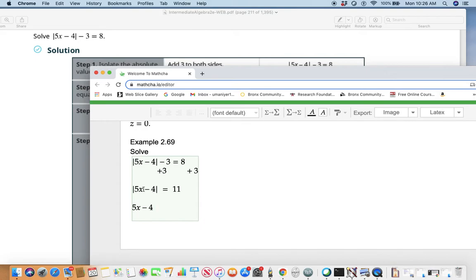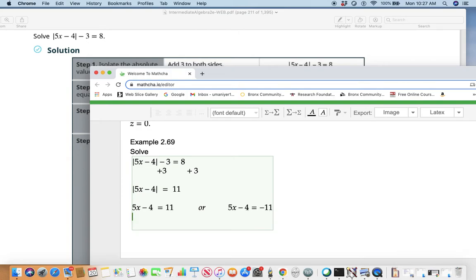So the expression inside is 11 or the expression inside is negative 11. These are the two possibilities.